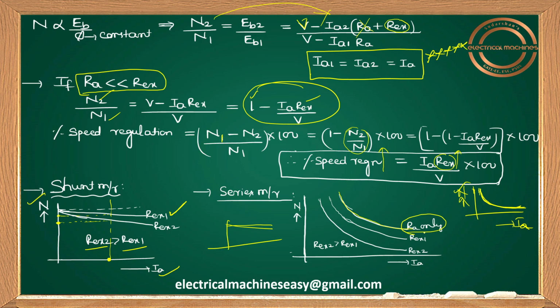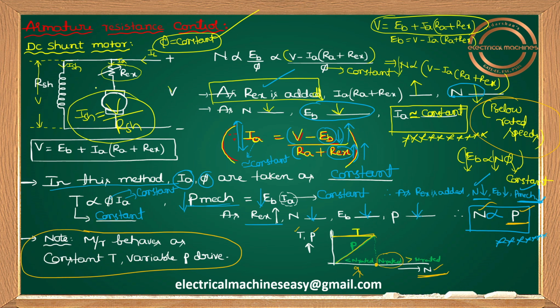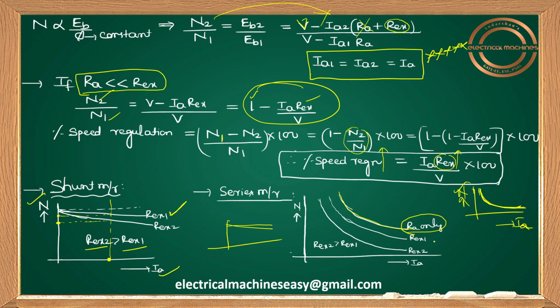I told you in the armature resistance control method, I'll be adding some extra resistance in series with armature. So if the total armature circuit resistance is REX1, which is more than RA, then if I add some resistance, speed will be reducing. Yes, this curve will be somewhat below the RA curve.